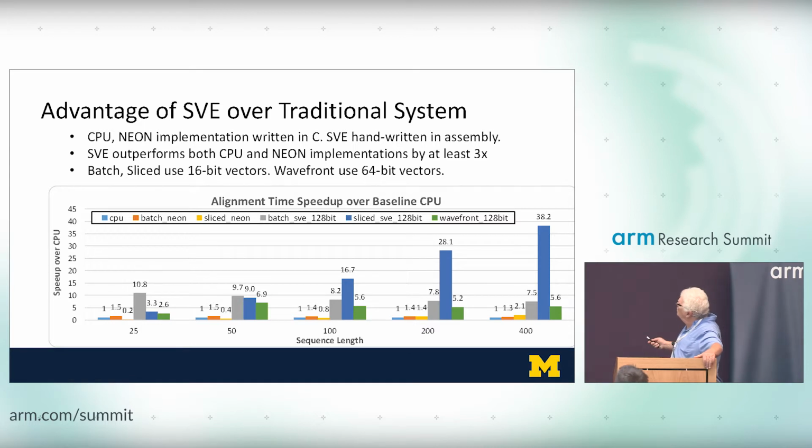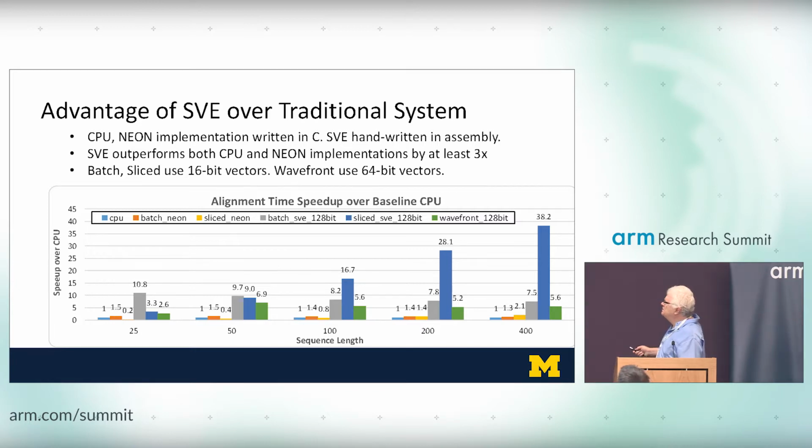This is for, let me see, we're using 16-bit vectors. Wavefront uses 64-bit vectors, which puts it at a big disadvantage, actually. Yes, the number is there. We're just looking at the 128-bit vector width, so the wavefront actually only has 2 lanes in it.